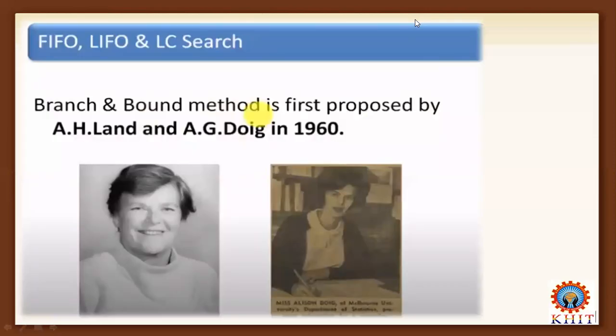So coming to the introduction part, the branch and bound method was proposed by A. H. Land and A. G. Doig in 1960. They proposed the branch and bound algorithm design technique to solve problems in a very efficient manner whenever you want to solve optimization problems.